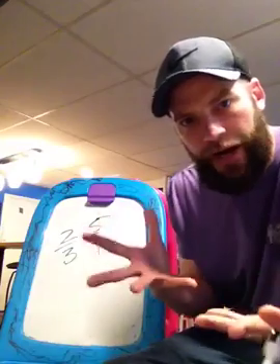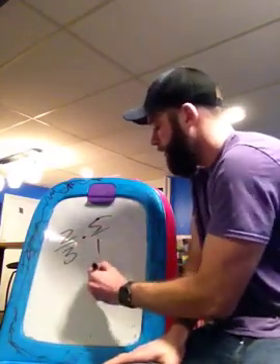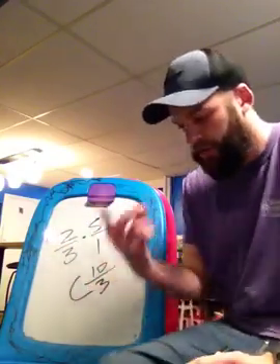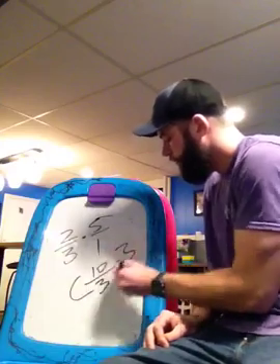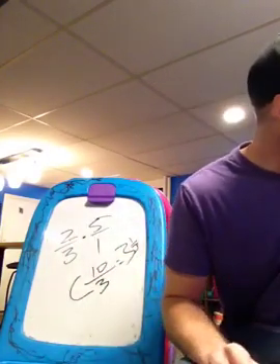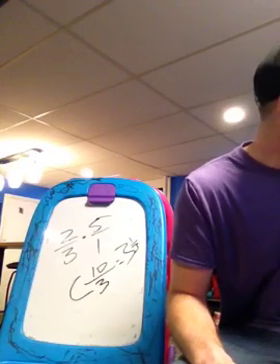Turn 5 into a fraction. So 5 over 1. So we have 5 times 2, which is 10. We have 3 times 1, which is 3. Improper fraction, 3, 6, 9. There's 3 wholes and a third left. 3 1/3, which is C.